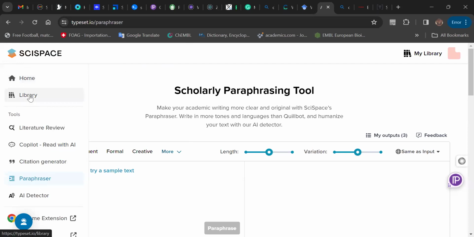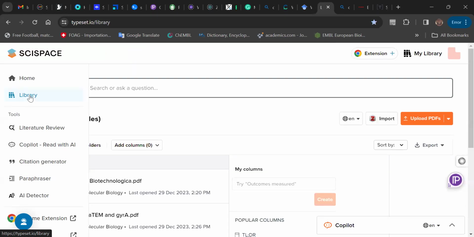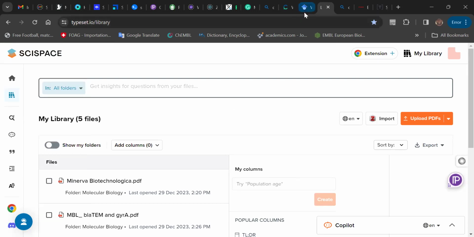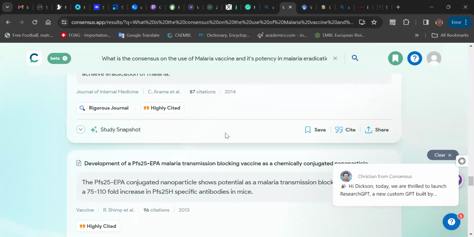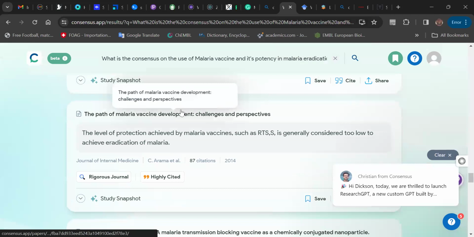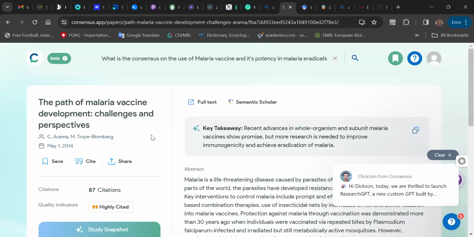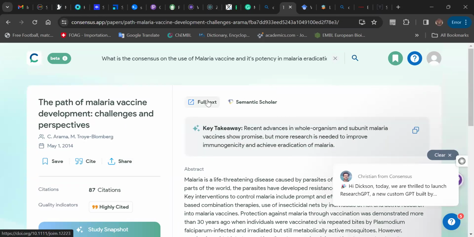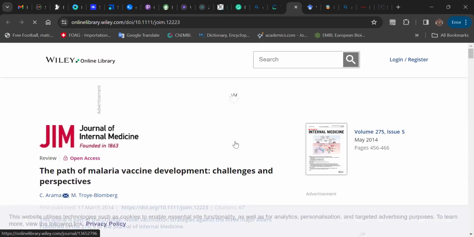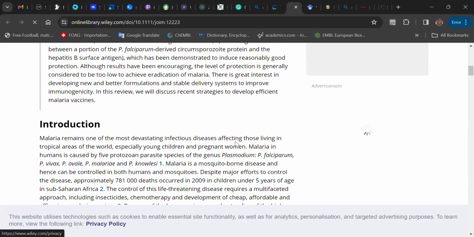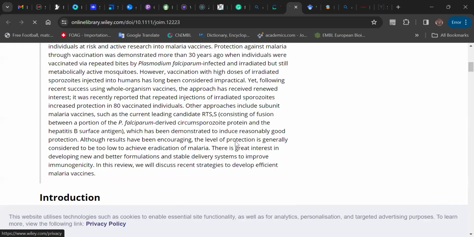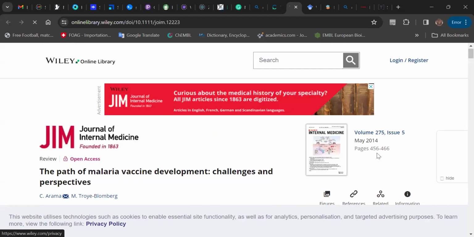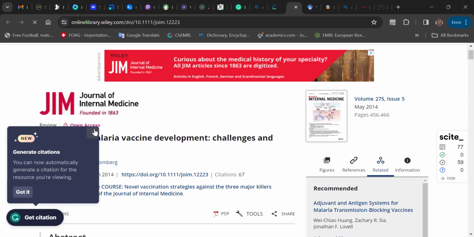But what I'm most interested in here is, for instance, if you have gone to Consensus and you saw a paper on malaria vaccines, and you want to get the full text of the paper. Oh no, this one is paid. I'm looking for one where we can get the PDF version.